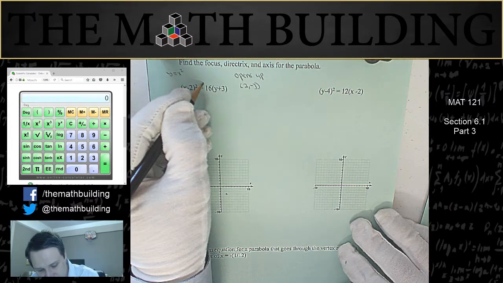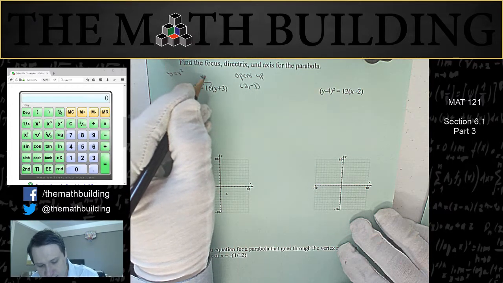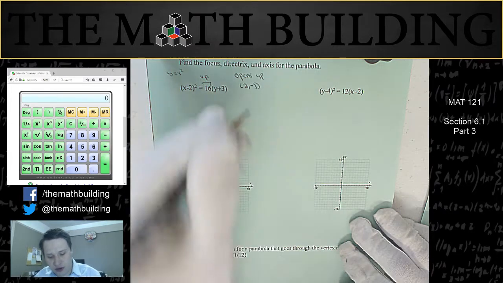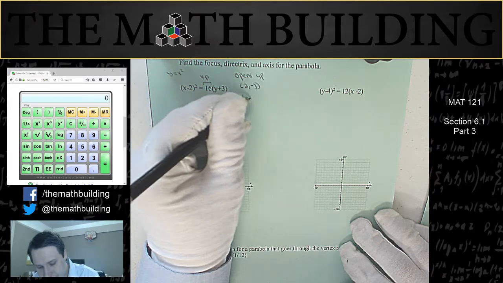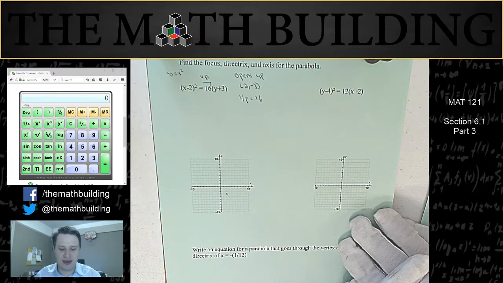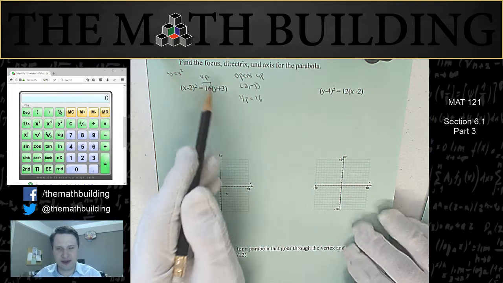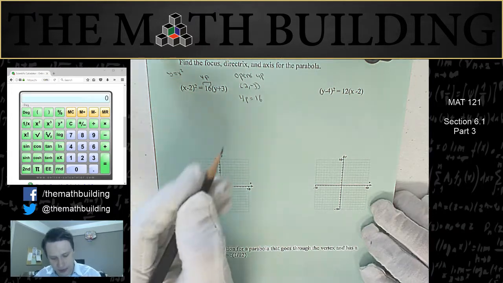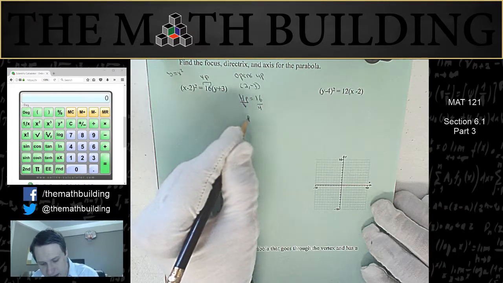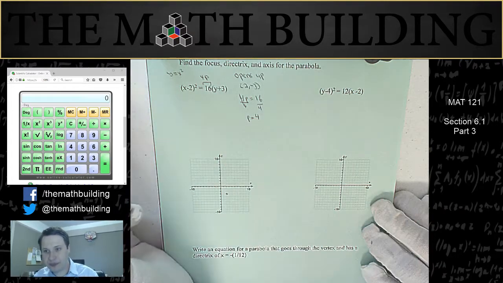In other words, this 16 is the same thing as 4 times whatever p is. So 4p is equal to 16. Now you can just solve that equation to find out what p is. The reason this is a 4 is just the nature of how parabolas work. So divide by 4, and we get p is equal to 4.